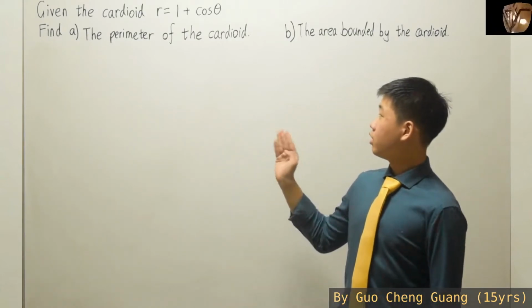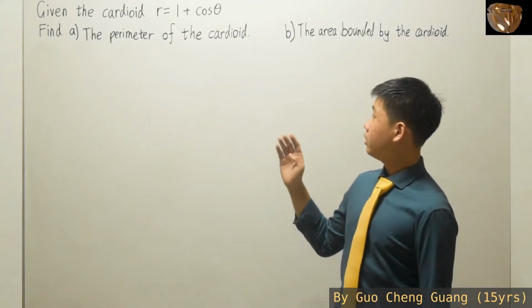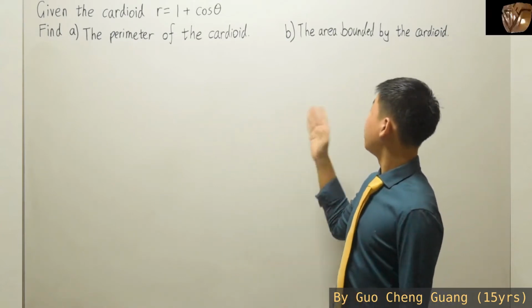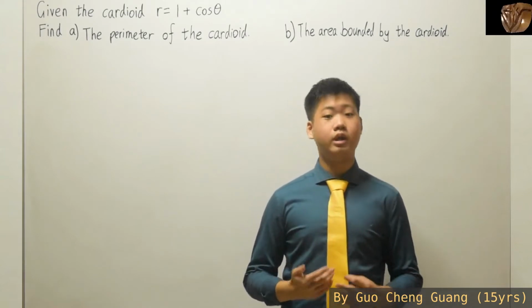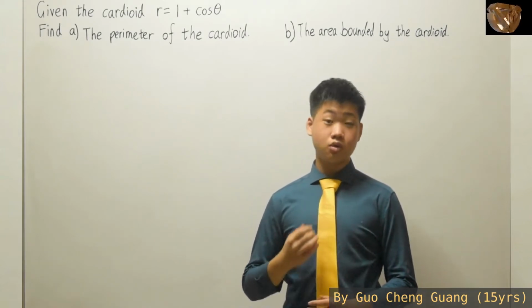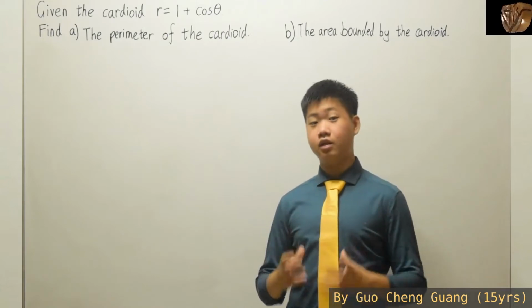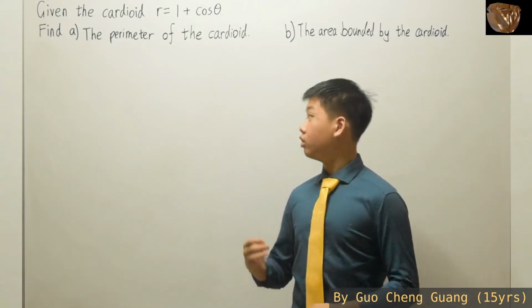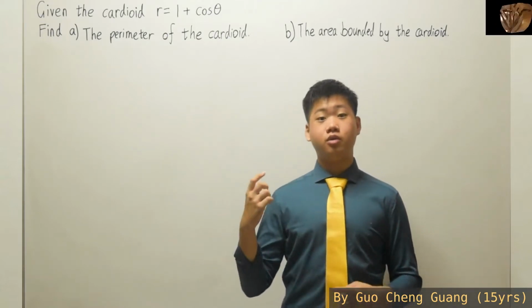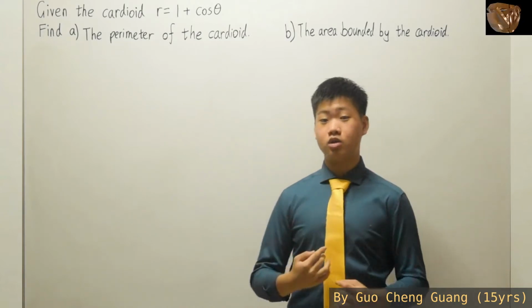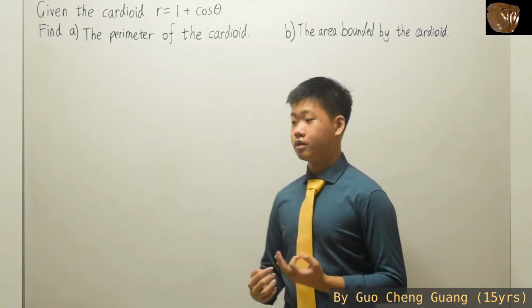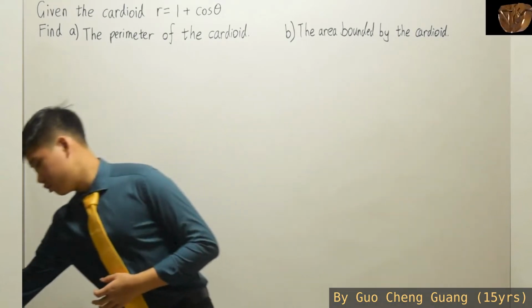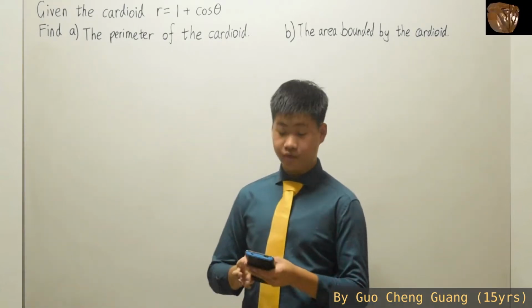Since we're given this cardioid, we need to find the perimeter of this cardioid and the area bounded by the cardioid. Firstly, what is the cardioid? It's something that looks like a heart shape. If you want to see what this graph exactly looks like, you could use apps that can graph for you, or a graphing calculator.